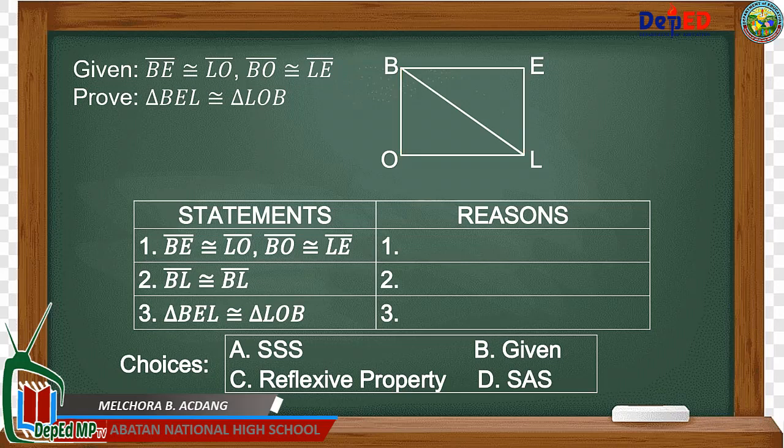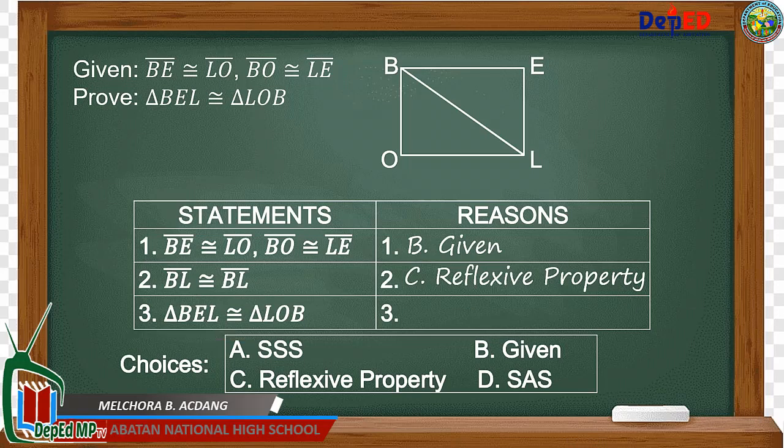The reason for that statement is letter B, given, since that is the given information. Number 2, line segment BL is congruent to line segment BL. The reason for that statement is letter C, reflexive property, since line segment BL is congruent to itself.